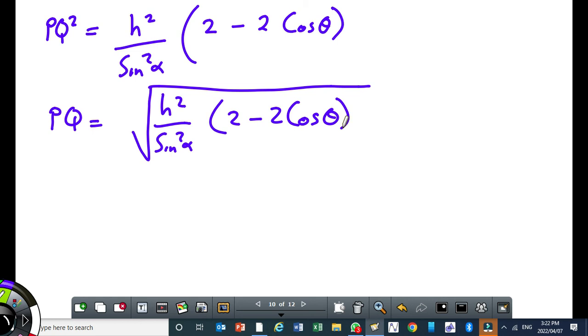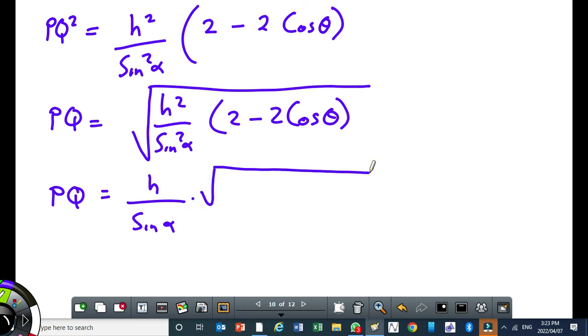Now, this h squared over sine squared alpha is a perfect square, so I can find its square root and then take it outside. So I'll end up having PQ is equal to h over sine alpha times the square root of, now I have to factor out the 2 there, 2 times 1 minus cos theta.